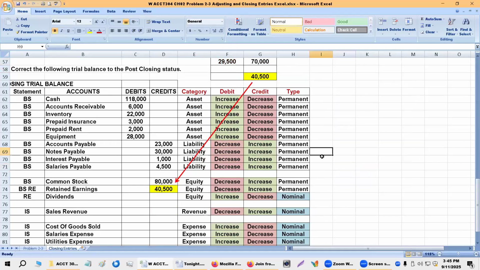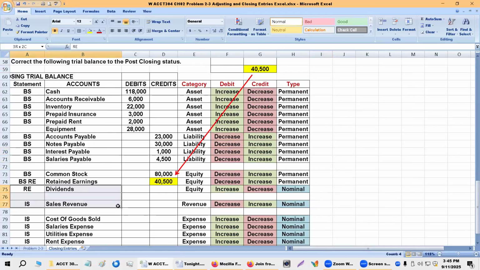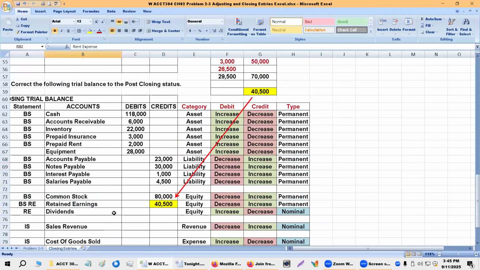It's invisible. Okay, so our retained earnings. Notice these are all reset to zero. These are gone. Now we're going to start a new year. We're going to have new dividends, sales, and all that good stuff. So this is the closing entries, and these permanent accounts are sometimes called real accounts.